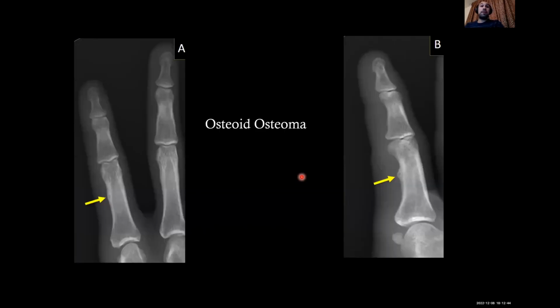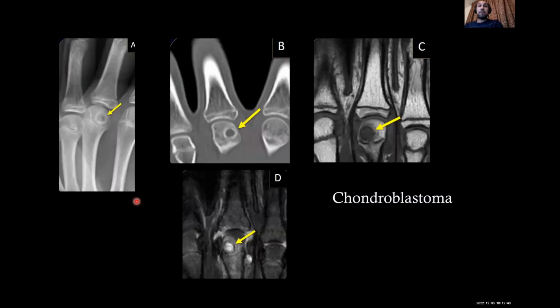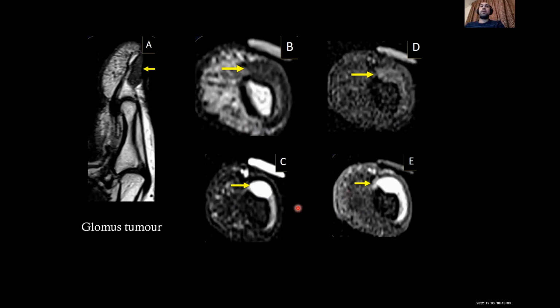This osteochondroma, this is osteoid osteoma. You see this, and here the chondroblastoma, and sometimes you have to make sure that it's a chondroid matrix, chondroblastoma in the epiphysis, and it can also be a ganglion cyst. Okay, this is very common also, ganglion cyst, and the glomus tumor, distal phalanx, a very highly vascular tumor, lytic lesion, low T1, high T2, intense enhancement in the post-contrast study.